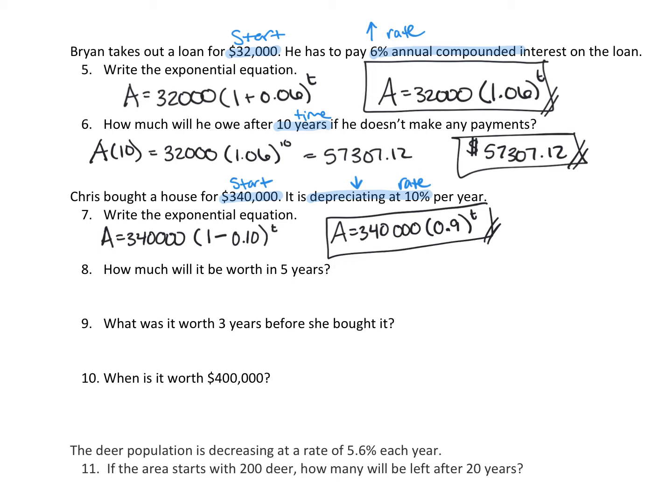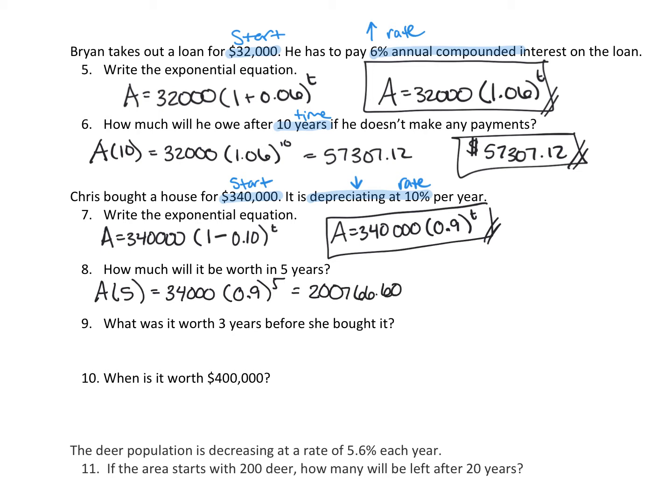So for problem 8, how much will it be worth in 5 years? Since it's depreciating or losing value, we know that our answer should be smaller than 340,000. So we're going to find A of 5, which will be 340,000 times 0.9 to the power of 5, which is $200,766.60.